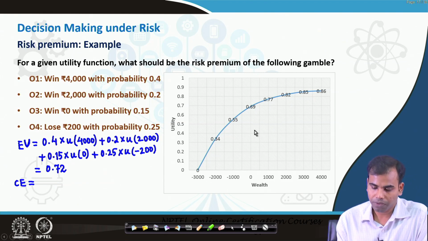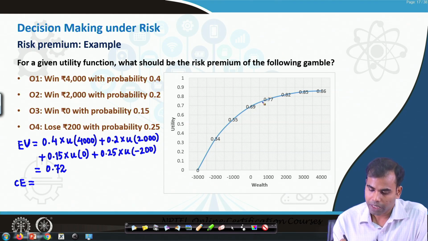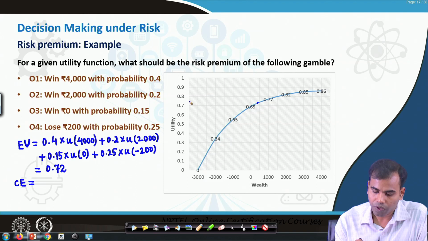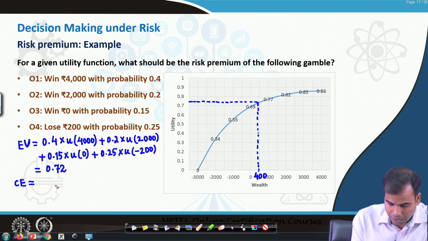So, if you refer to the graph and find 0.72 as a point where the wealth level can be determined as certainty equivalent. So, if this is a point where we have 0.72 as expected utility, this actually gets us to the wealth level of close to 400. So, we can say that certainty equivalent is 400.